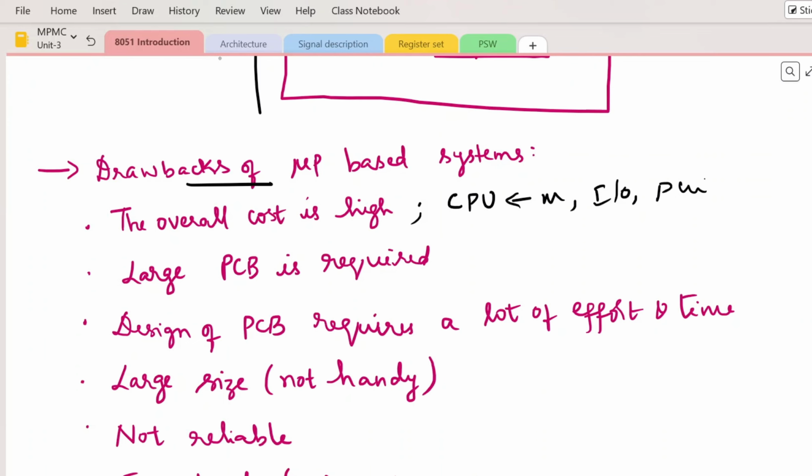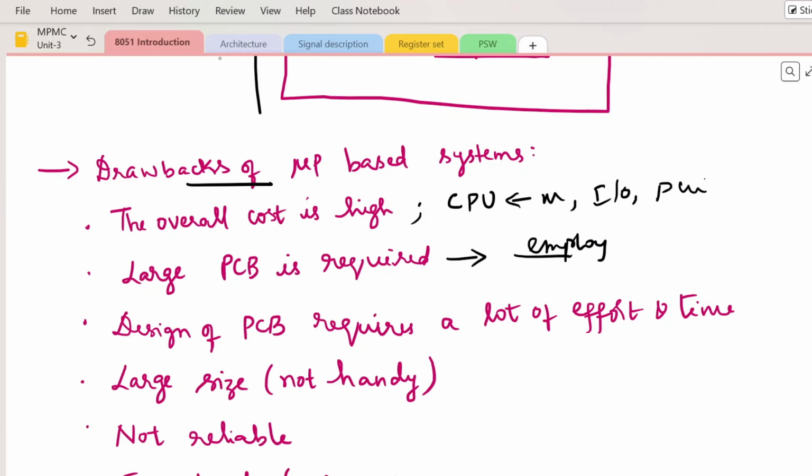The second one is that it requires a large PCB, because on that PCB we have to employ all these components. That's why the PCB size is very high. It makes the system cost also very high when compared to a microcontroller based system.